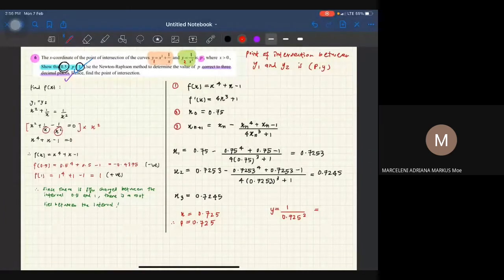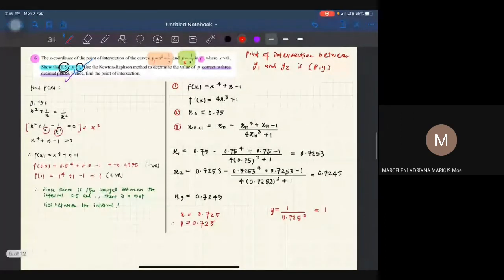So what do I get for this one? One over 0.725 squared, which is 1.902. Okay, semua dapat jawapan sama tak? Do you get the same answer as me?